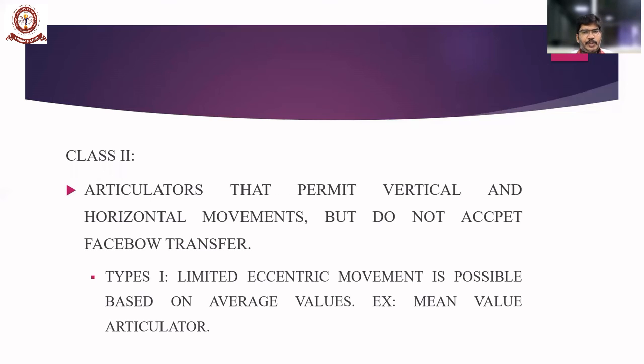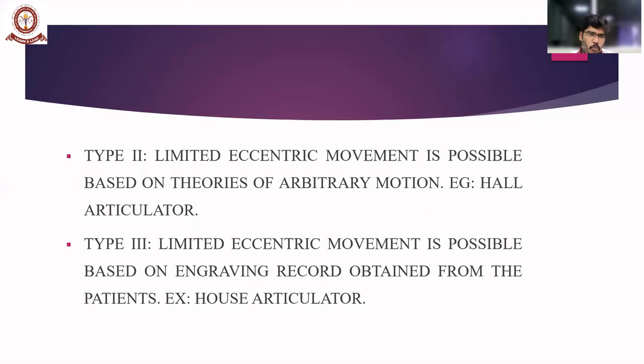Class 2 articulators are those that permit vertical and horizontal movements but do not accept face bow transfer. Again, class 2 can be classified into type 1 and type 2. Type 1 has a limited eccentric movement based on average values. The example for a type 1 class 2 articulator is the mean value articulator.